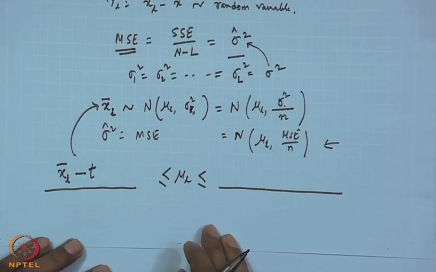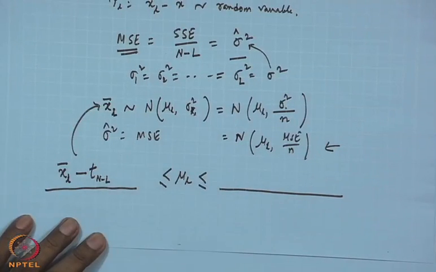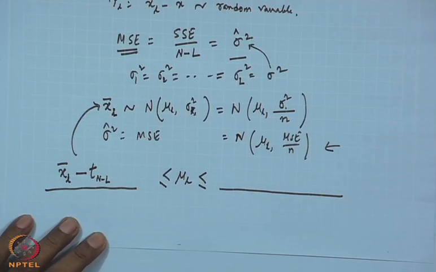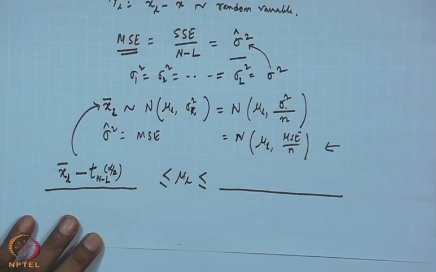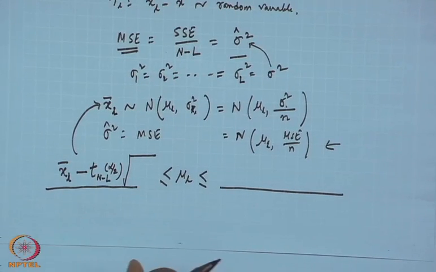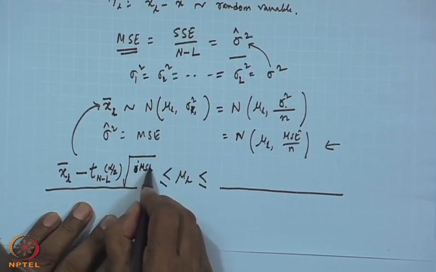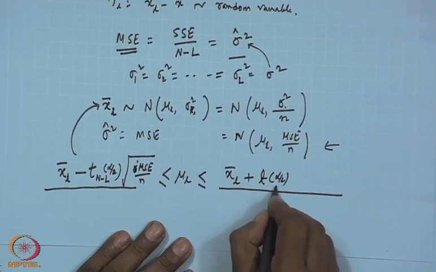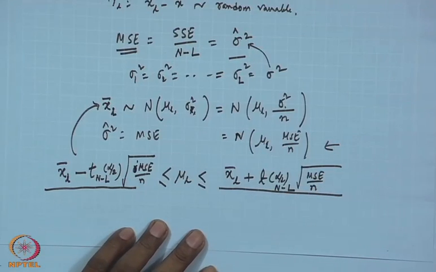What will be the degrees of freedom in this case? You will find the t distribution degrees of freedom will be n minus L. I think you can remember the earlier case, when for the two population case we had n1 plus n2 minus 2. Here this capital N is n1 plus n2 up to n L, minus L. In the same manner, alpha by 2, correct. Then what you require to write down is the variance part, sigma square by n; instead of sigma square I am writing MSE by n L. Then the upper limit will be x L bar plus t alpha by 2, n minus L, times the square root of MSE by n L, correct.